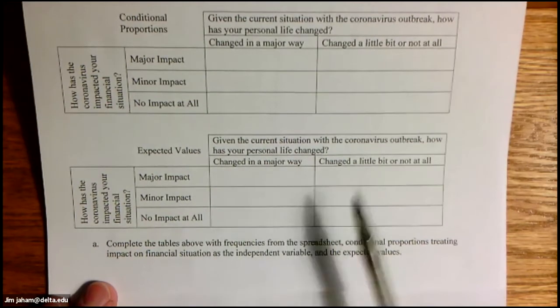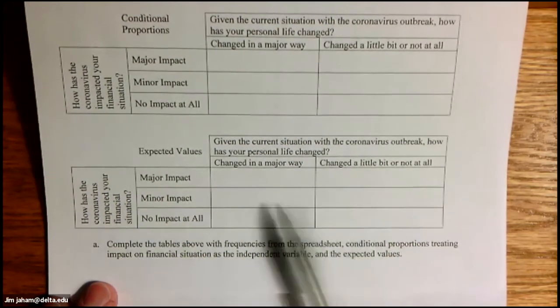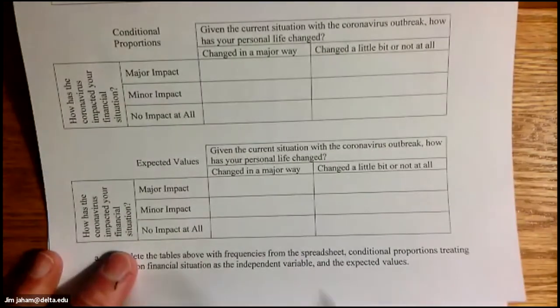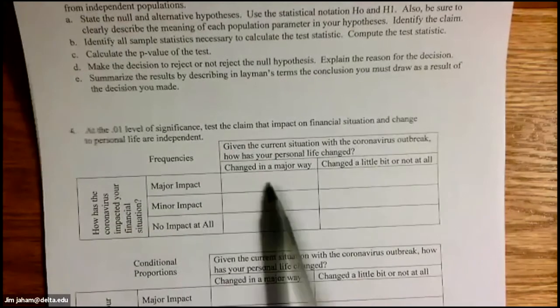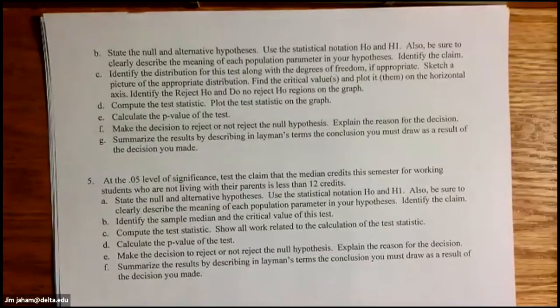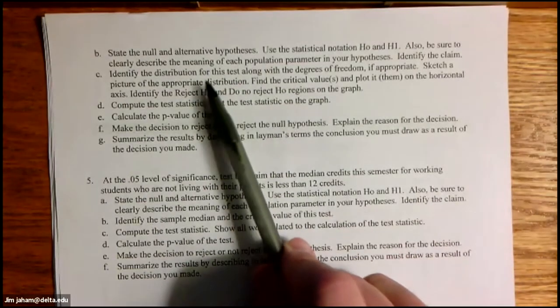So you're going to go through the data, identify these 2 questions, and then put the frequencies in here. By the way, I think 85 people took our survey. So it might be 85. If we have missing data, it might be a little bit less than that, but these 6 numbers should add up to the 85. There's no confidence interval in that test, but I do ask you to do the classical approach for that one.